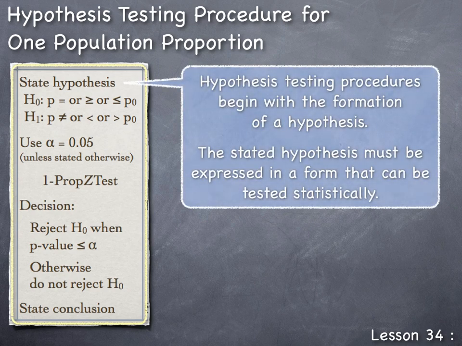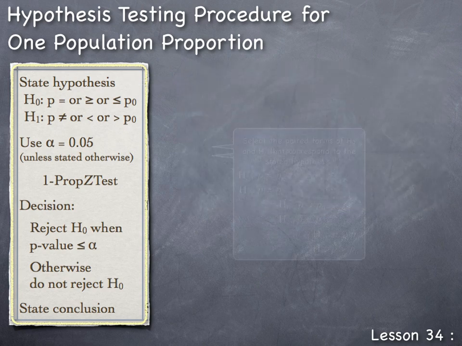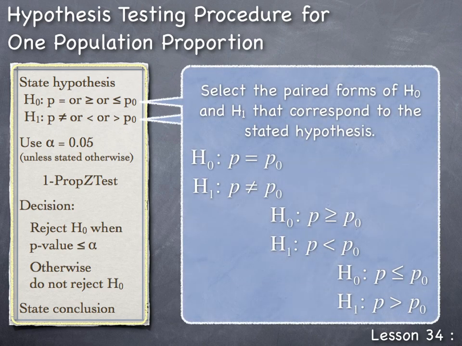Now, hypothesis testing procedures begin with the formation of a hypothesis. The stated hypothesis must be expressed in a form that can be tested statistically. To do this, we select the paired forms of H0 and H1 that correspond to the stated hypotheses.